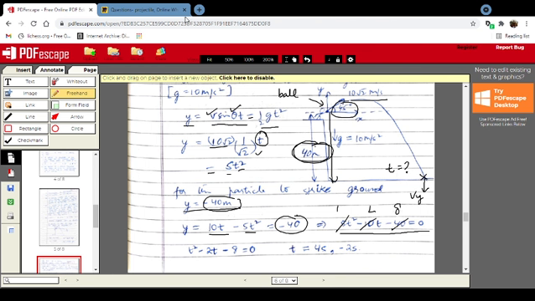So this becomes t square minus 2t minus 8 is equal to 0, and this gives the value of t equal to 4 seconds and minus 2 seconds. So we'll take the positive answer, and this gives us the time. This is the time taken by the body in reaching 40 meters or striking the ground.